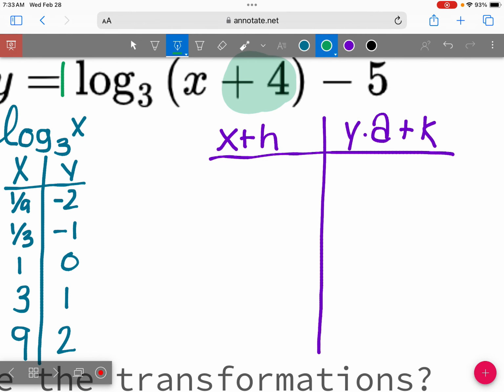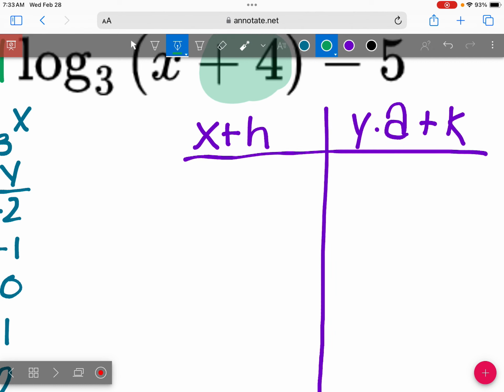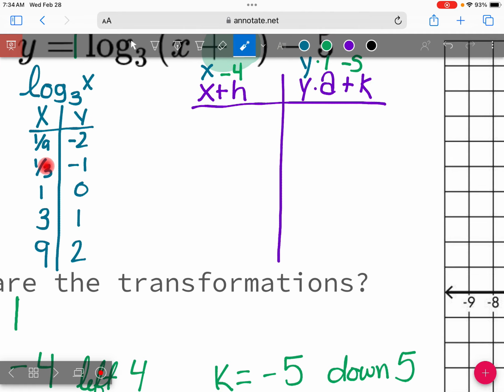So in this particular case, we're going to do x minus 4 from our parent table. We're going to take our y's times 1 minus 5. So just like we've done for all the others, we're going to take these x's and subtract 4. We're going to take these y's and subtract 5.